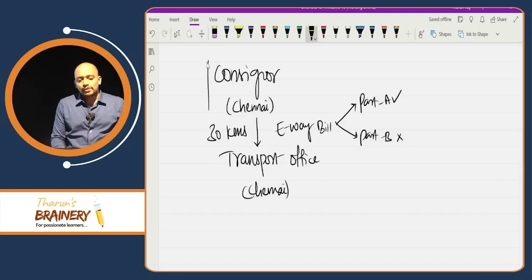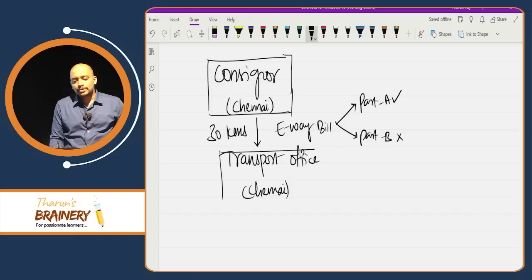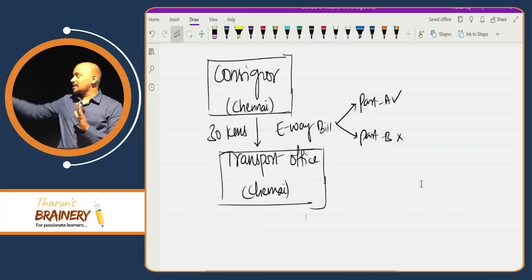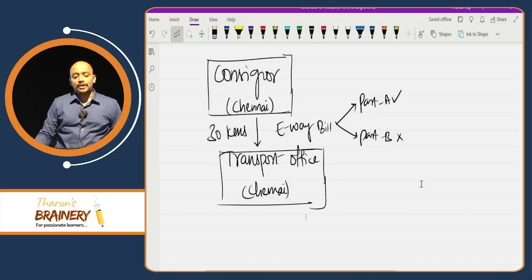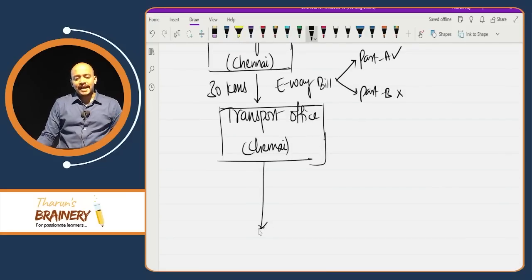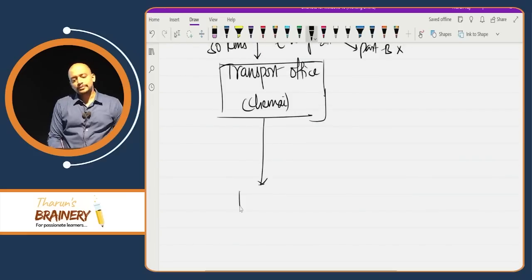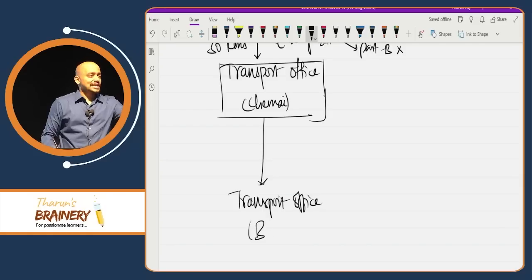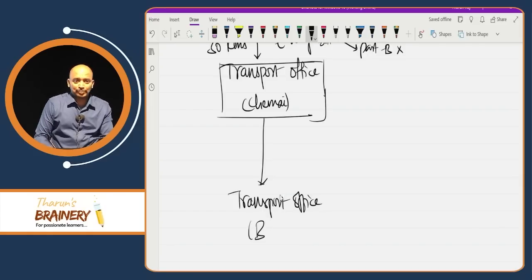Okay. Now, transport office Chennai to transport office Bengaluru. This part you understood? Usually they will not pick up the goods at our place.